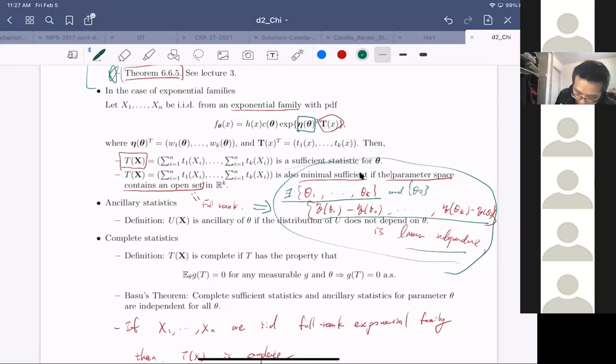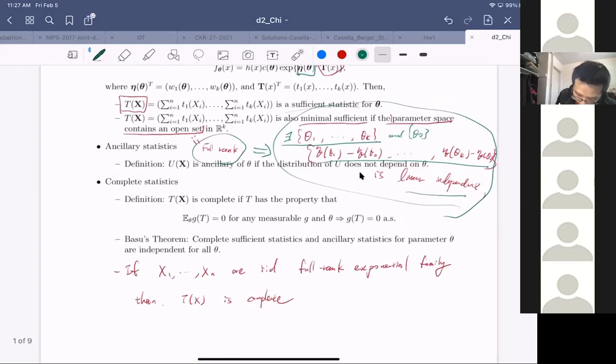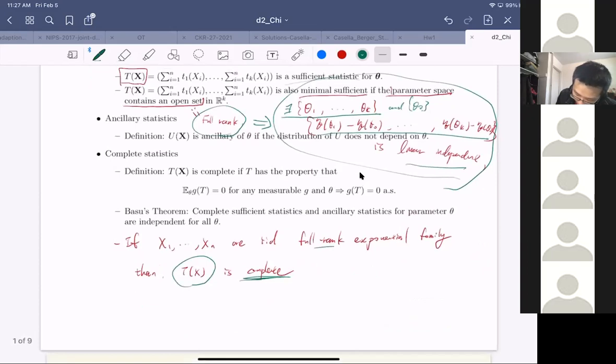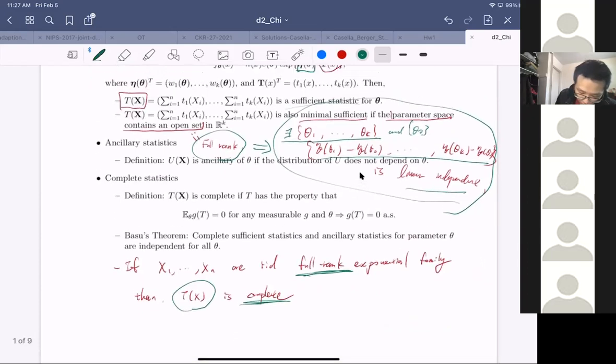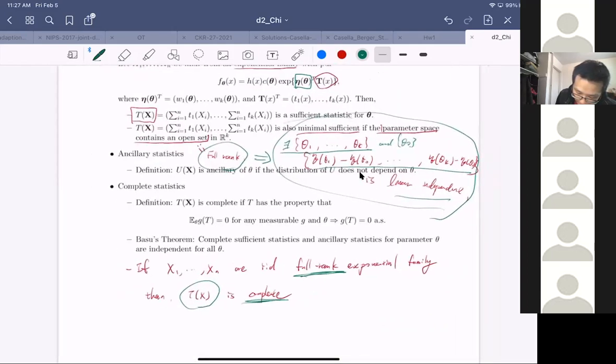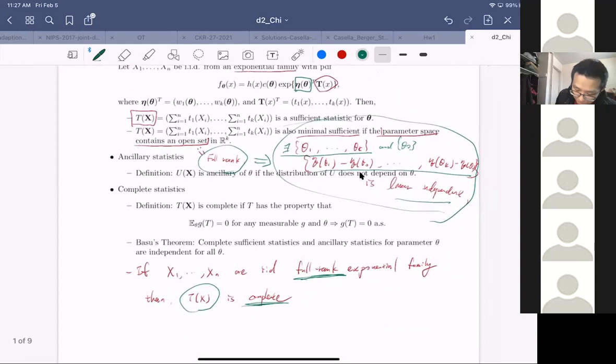Yes. So this is full rank, and if you need completeness, you have to make sure this is full rank. So yeah, sorry about that. Okay.